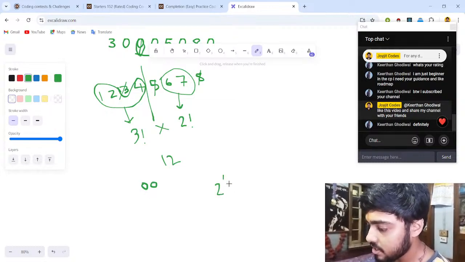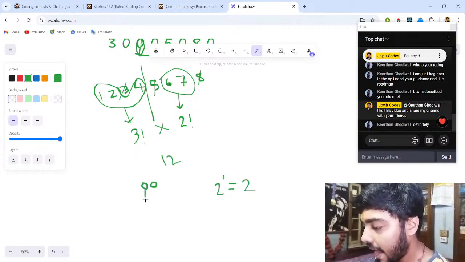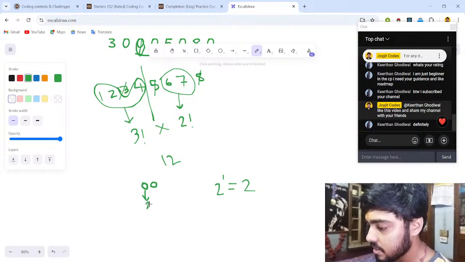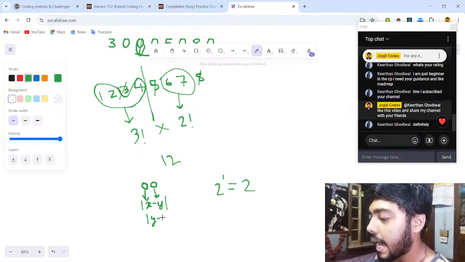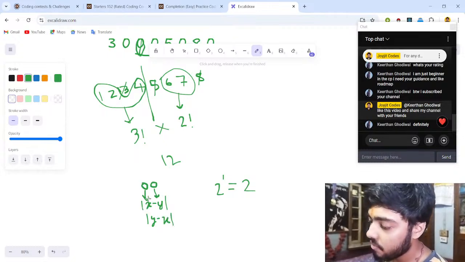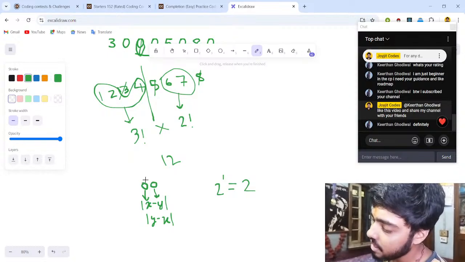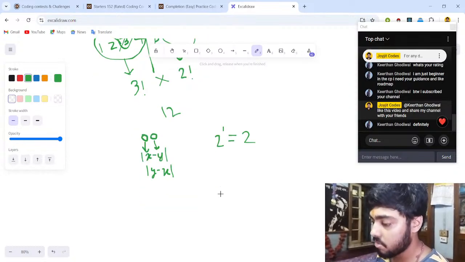That is 2 to the power 1, it is 2, right? Why is it so? Because let's say we have a number x over here and a number y over here. Now, x minus y and y minus x are same because it is the absolute value, right? Since both of them are same, we can either write it as x comma y or y comma x. So there are two possible values.